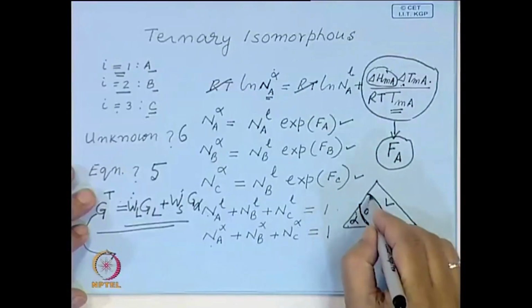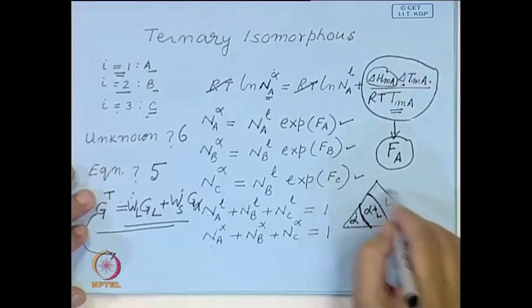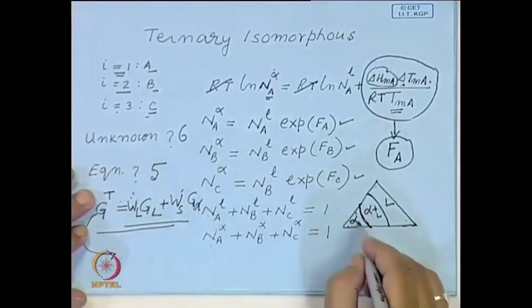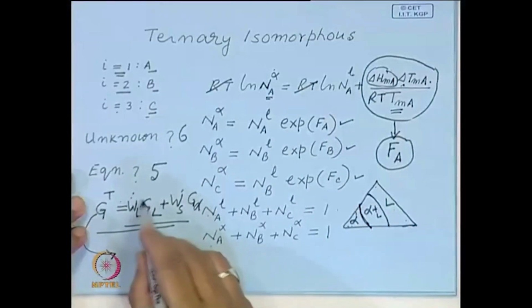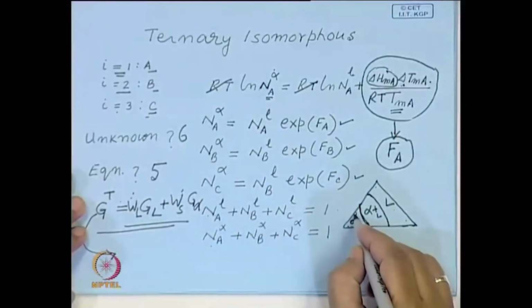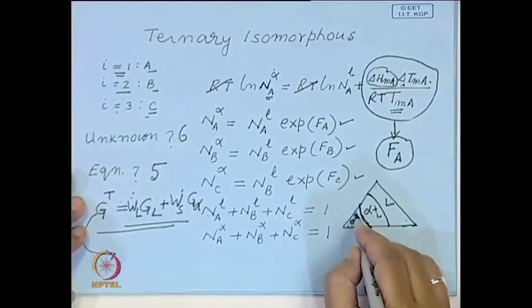So what you are trying to do is solve at every point on this composition triangle and find out which combination of phase percentages is stable. Suppose here you find that if it is 100% solid, then the free energy is minimum.